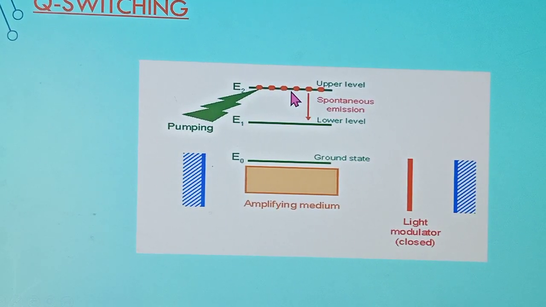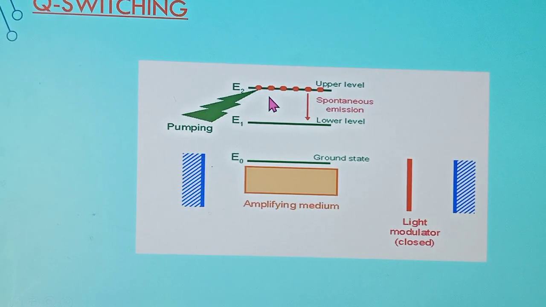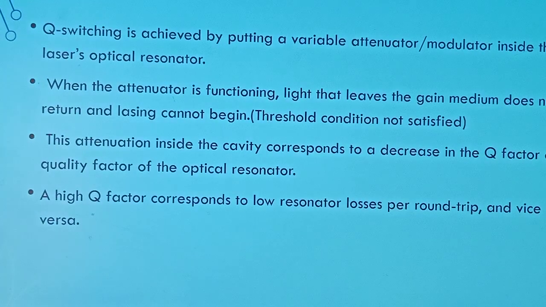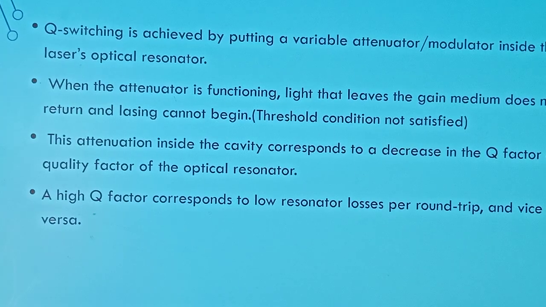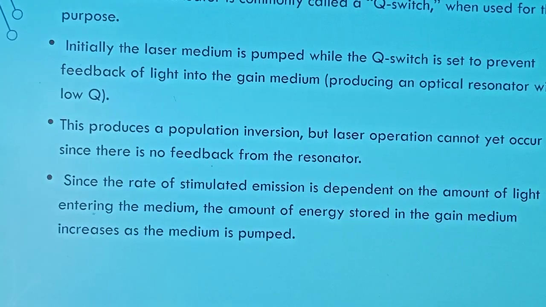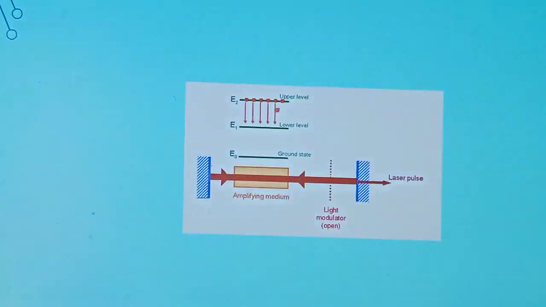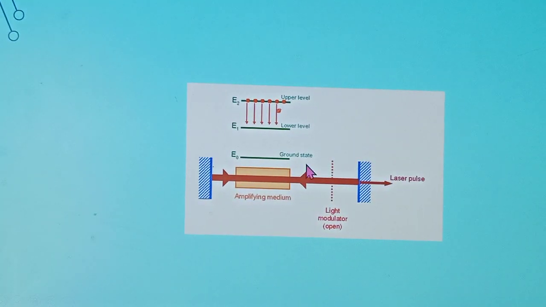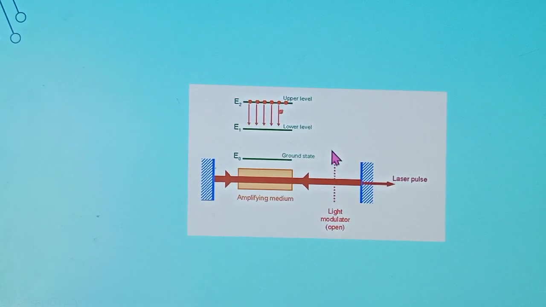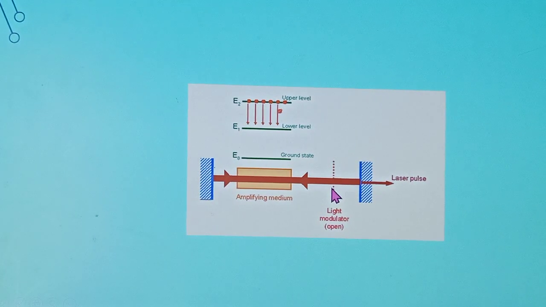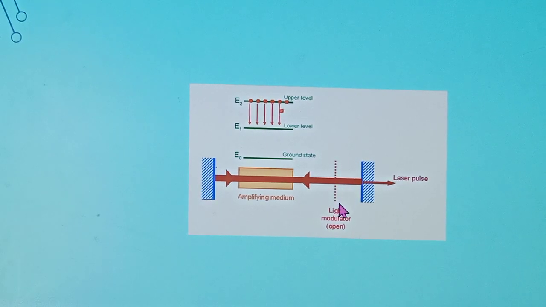So when you keep on doing this, there is a very high energy stored over there. Then what we do is we Q switch it. I will show you in the diagram. In this diagram, this shutter is open. The shutter can be some rotating mirror. So when it is open, what happened? Q is switched.